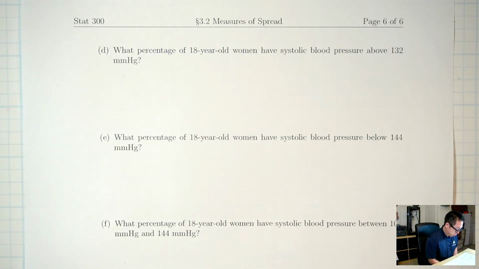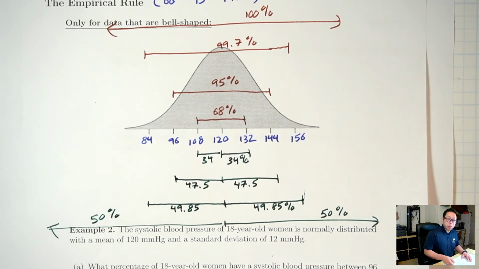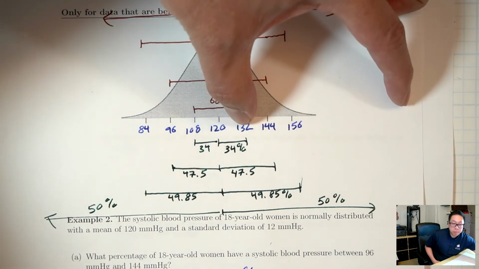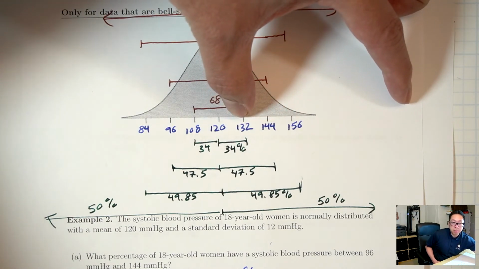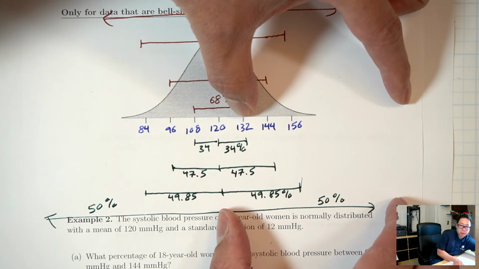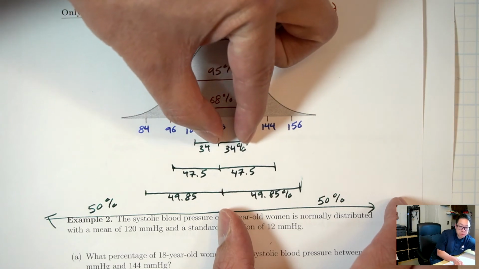Parts D, E, F, G, and H, these are now the harder questions. Part D says, what percentage of 18-year-old women have blood pressure above 132? Above 132 means 132 all the way to the right. So I want this piece. How would I get this piece? I can get this piece by taking this 50% piece, which is too much, and then subtracting off this 34.